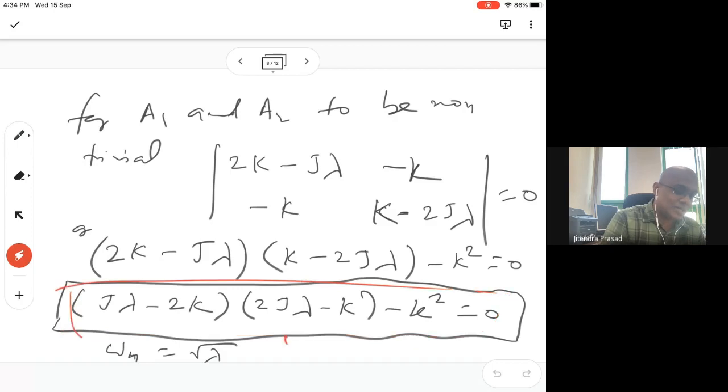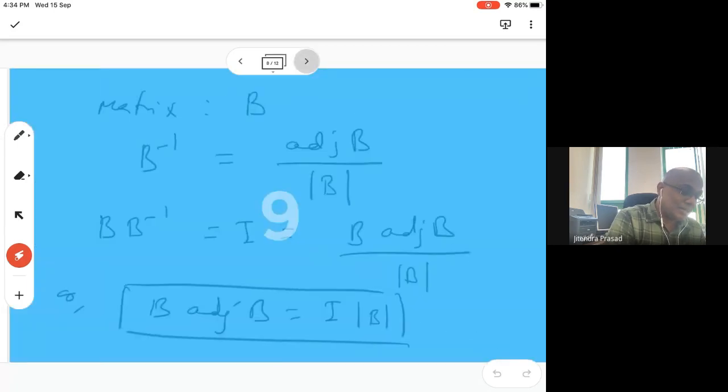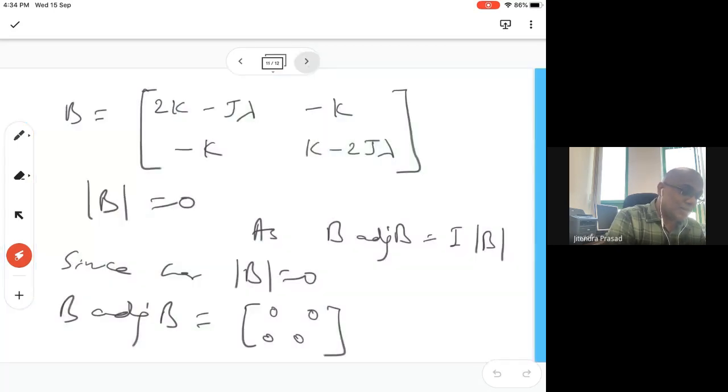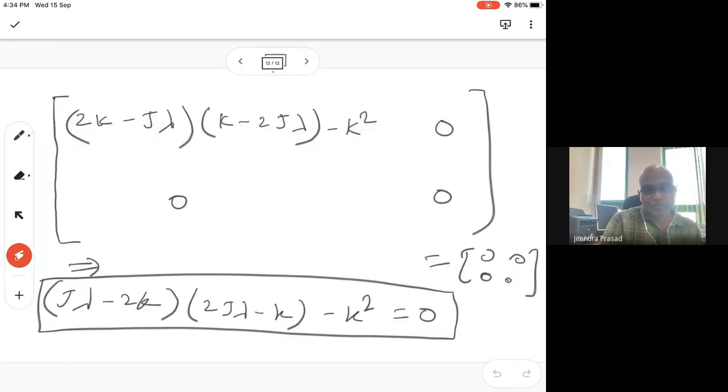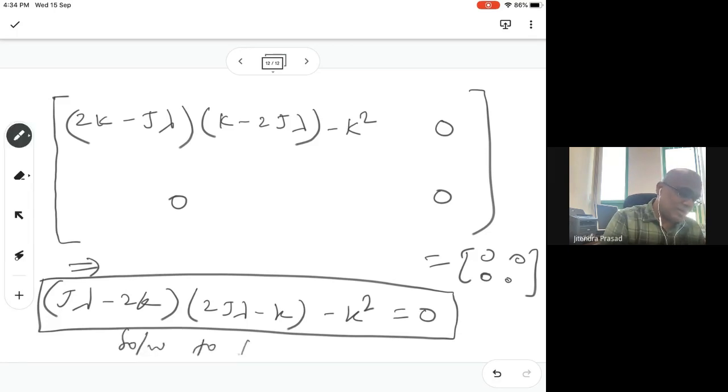This equation and the equation we got now are exactly the same. This is the long way, so just assuming determinant equal to 0 will do. When you are using the adjoint method, you are doing the same thing, you are finding out this one. So basically both are the same thing. Anyway, you can solve this to find lambda, and this will give you the eigenvalues.